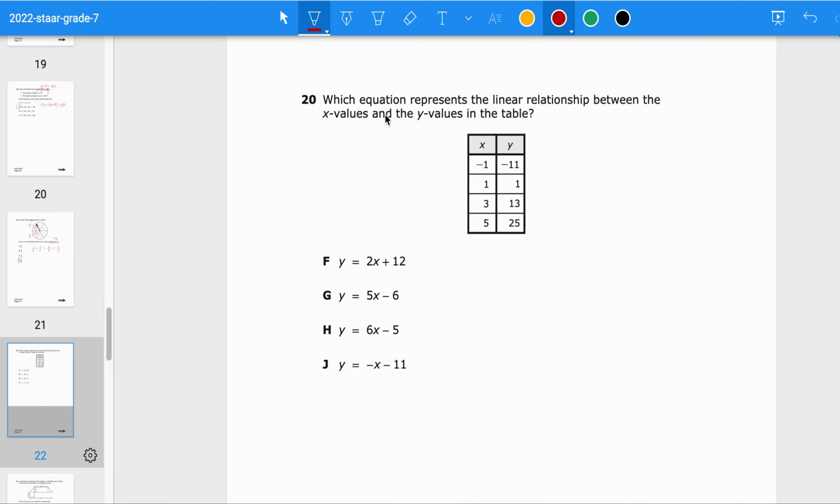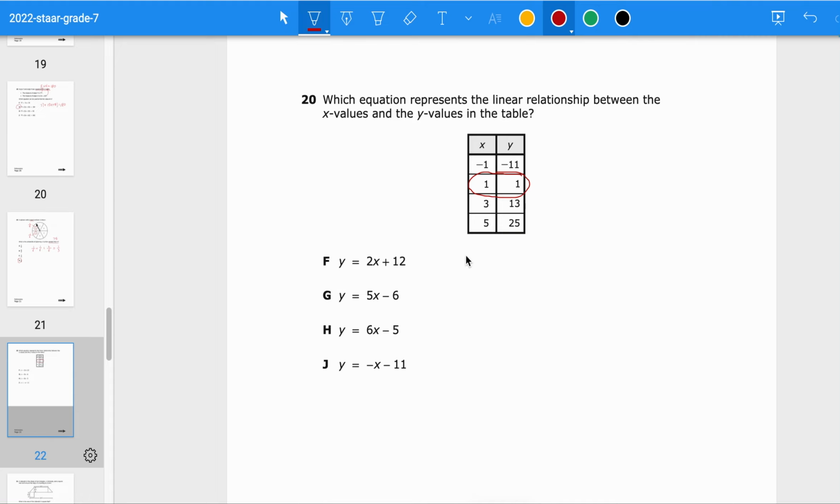20. Which equation represents the linear relationship? So for this one, we can just plug in all the values into each of the equations to figure out which one is correct. But among these 4 numbers, which one would you like to choose? I will choose this one, right? 1 and 1. This looks like the easiest number.